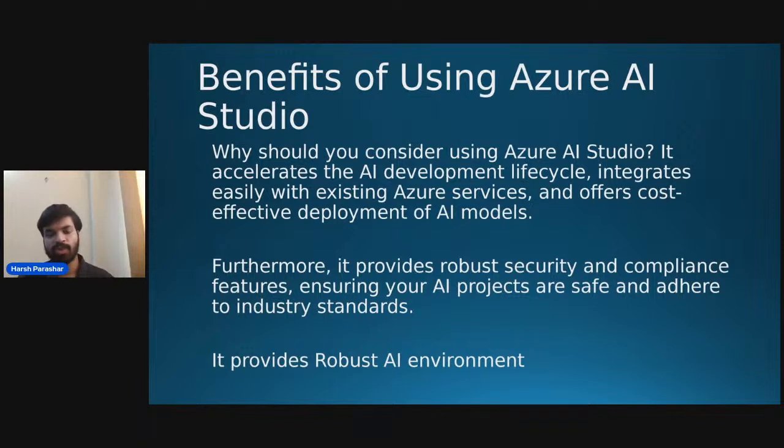Sometimes, whatever models we are creating, we cannot meet the industry standards or the guidelines of AI set by an environment and a community, so that AI can be used for constructive purposes, not destructive ones. As some people can use it for destructive purposes, to safeguard against that, we need to adhere to the industry standards.